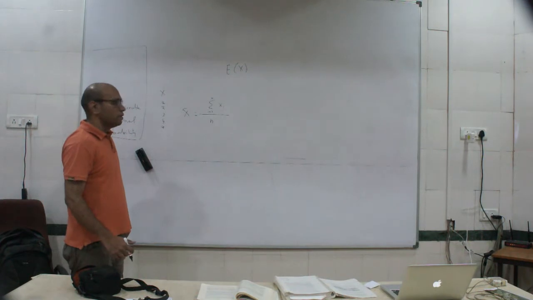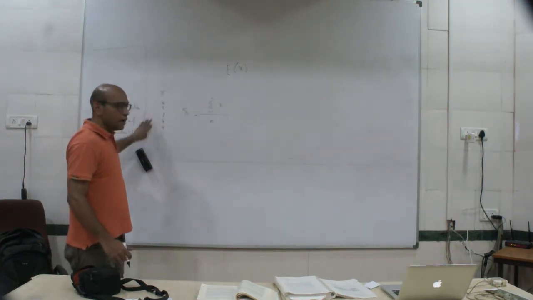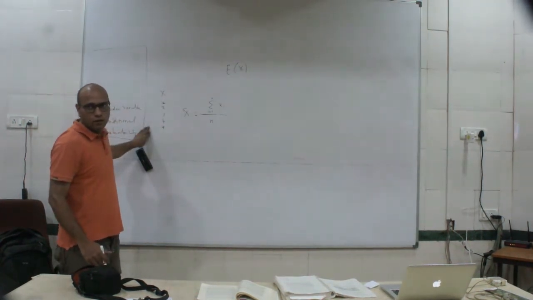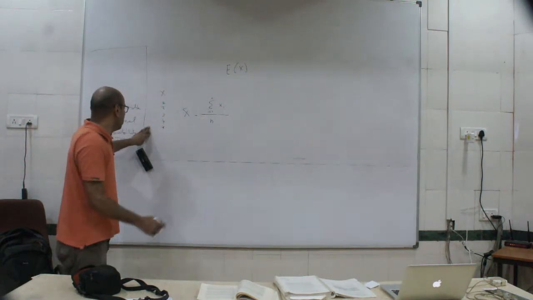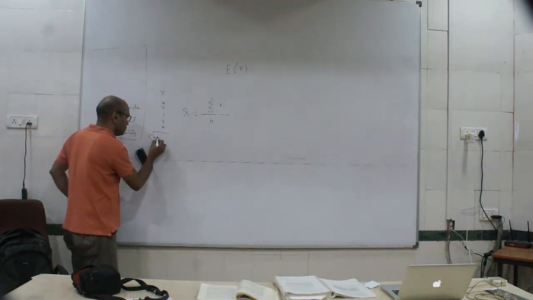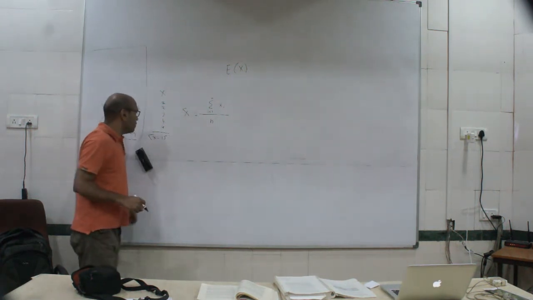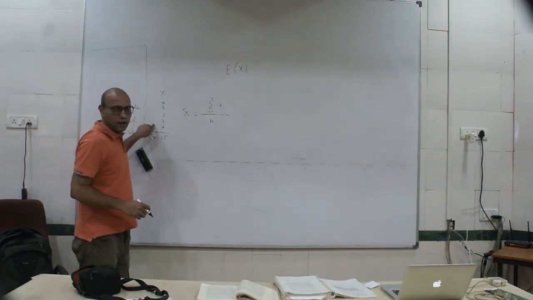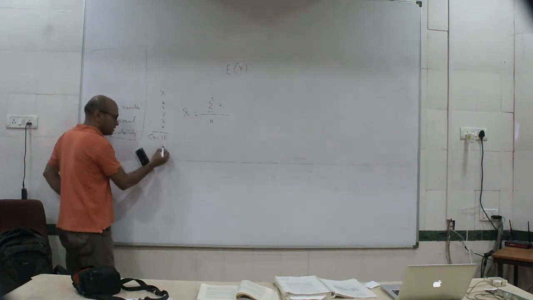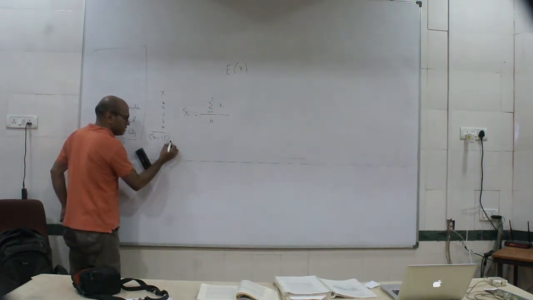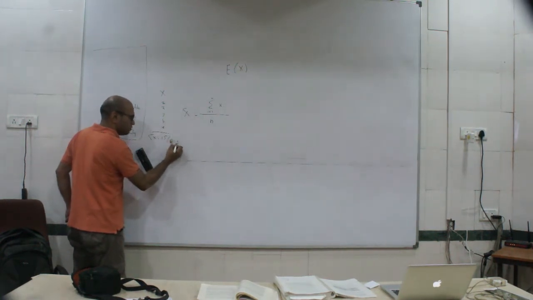Now, if I have to do the average of this data, summation x is equal to 15. I will do sigma x and divide it by n. My n is 5, and so the average is 3.